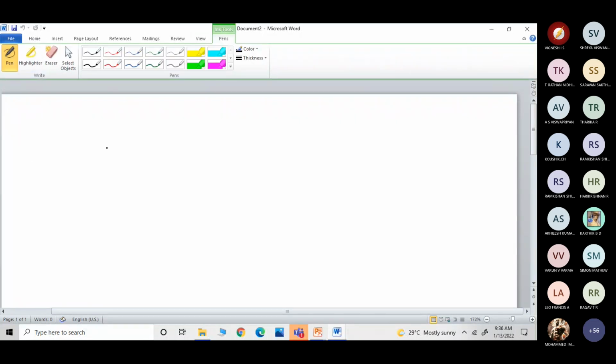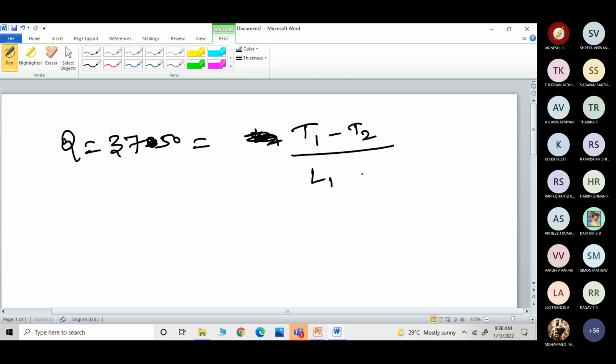Is it visible, ma'am? Yes, sir. Q equal to 3750, which is equal to T1 minus T2 divided by L1 by K1 into A1.